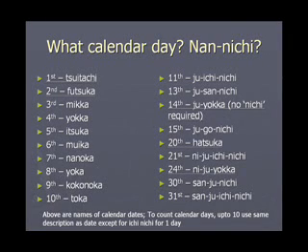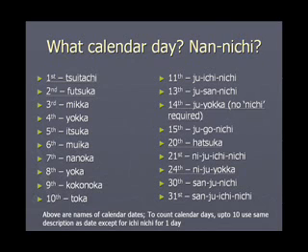First is Suitachi, second is Futsuka, third is Mikka, fourth is Yokka, fifth is Itsuka, sixth is Muika, seventh is Nanaka, eighth is Yoka, ninth is Kokonoka, 10th is Toka.